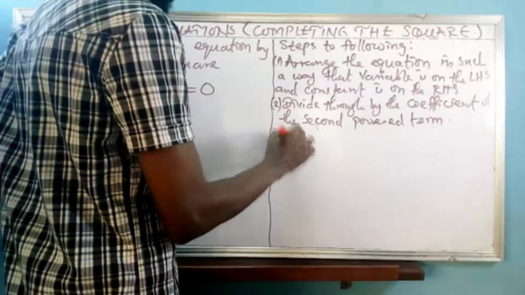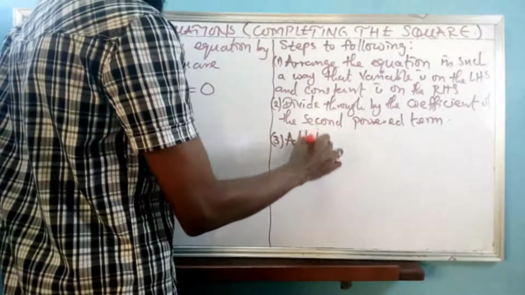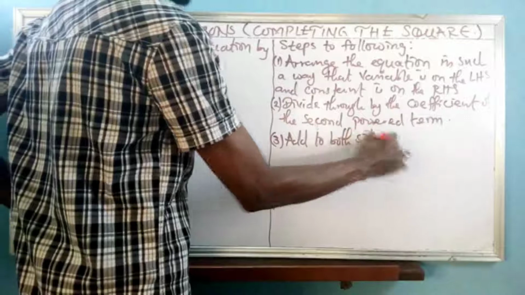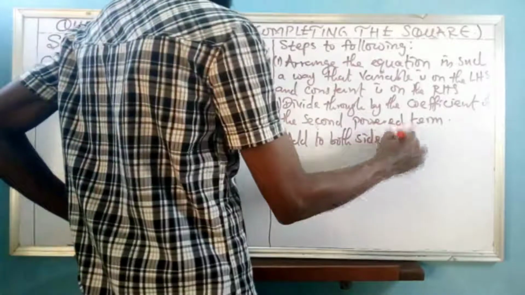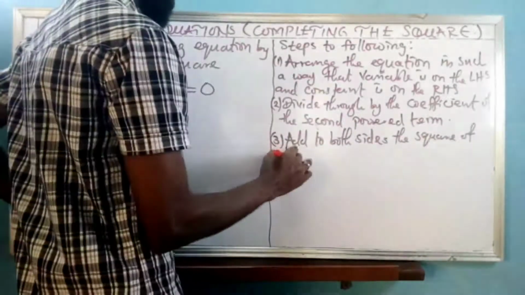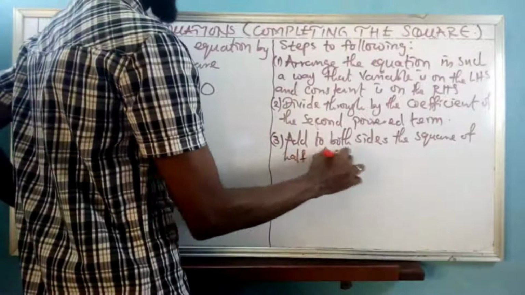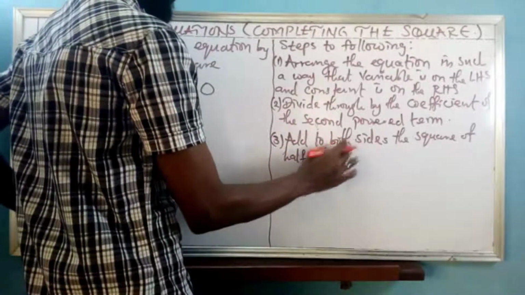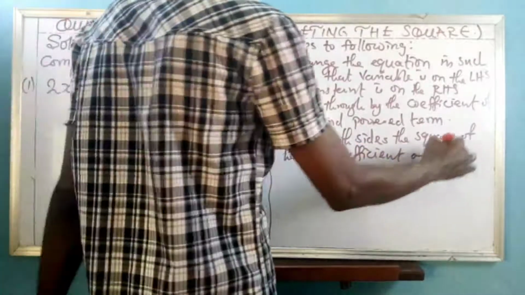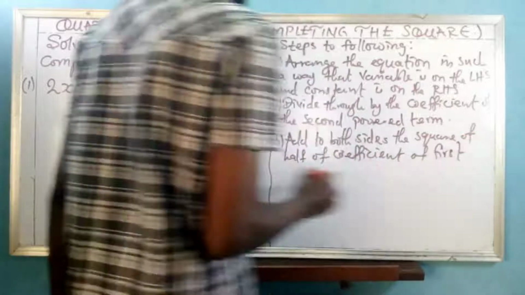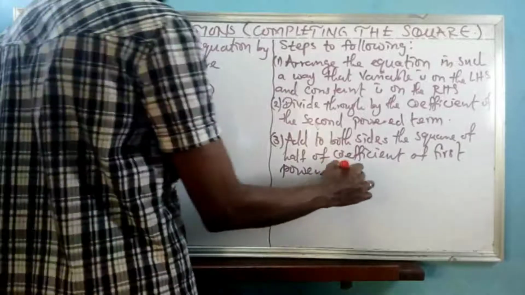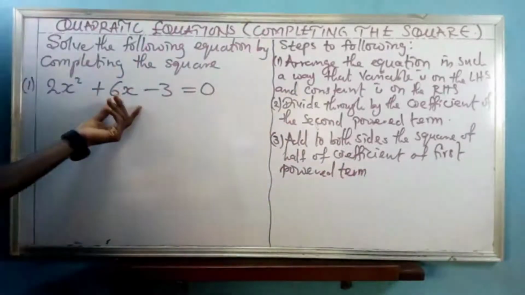Add to both sides, that's step 3, the square of half of the coefficient of the first power term. Don't forget the first power term, the one that doesn't carry the square.